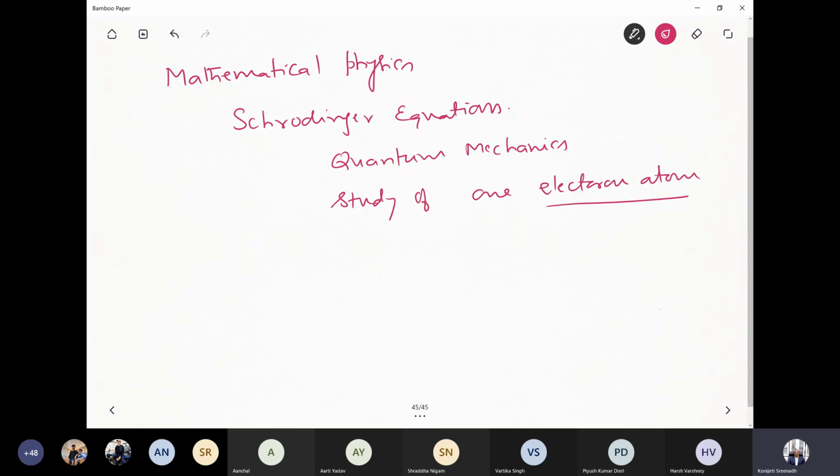But basically the Schrodinger equations are used for many applications in quantum mechanics, not only this one study. The Schrodinger equation is a partial differential equation, and in some special cases, that Schrodinger equation reduces to the Legendre equation.